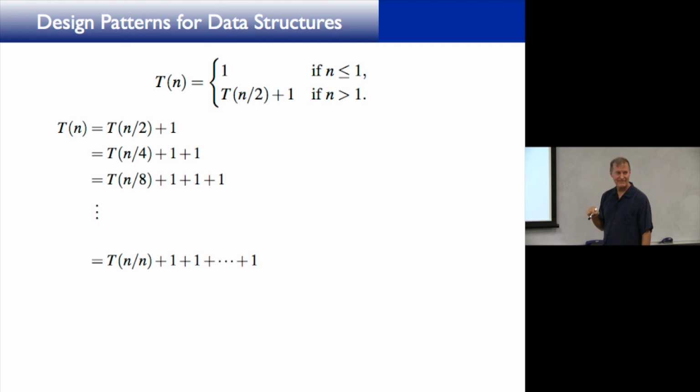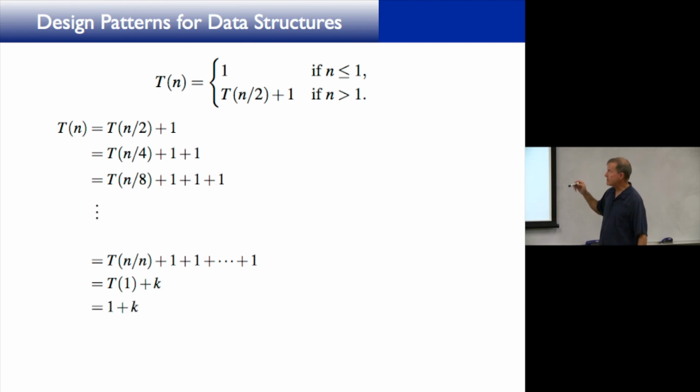Actually, you're right. It's log base 2 of n. It's kind of tricky to see. It's T of 1 plus k, and the question is what is k? That's 1 plus k.